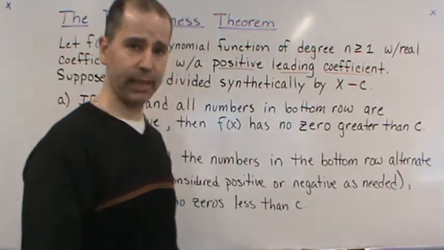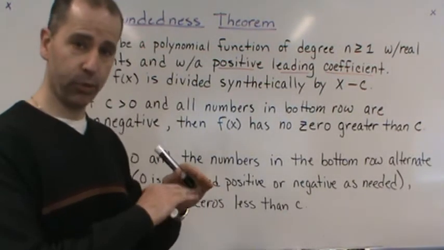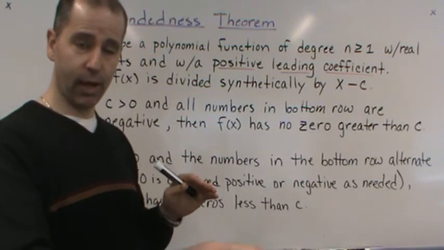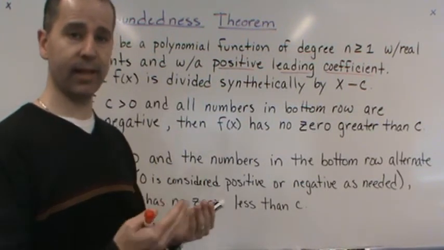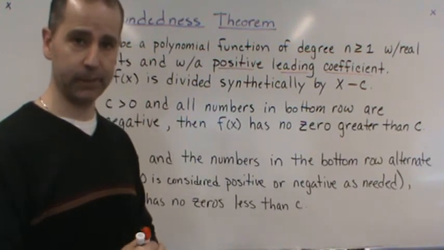So if our c value is positive, and we use synthetic division and the bottom row of numbers is non-negative, then that tells us there are no zeros greater than c.